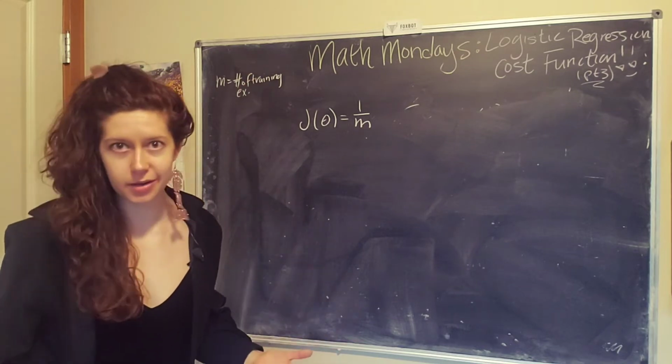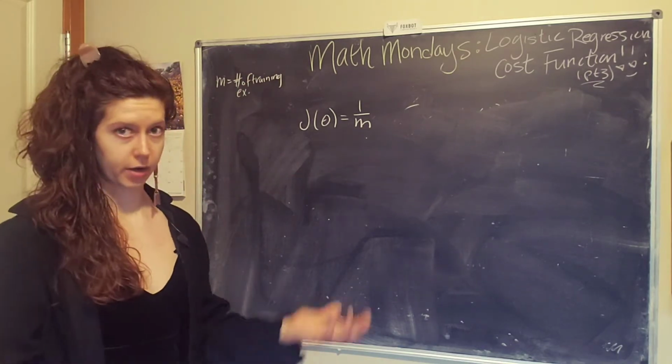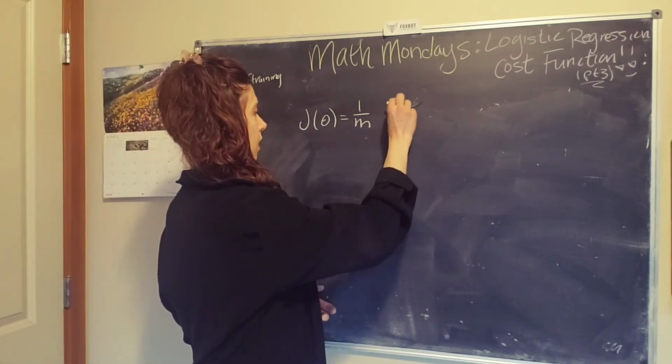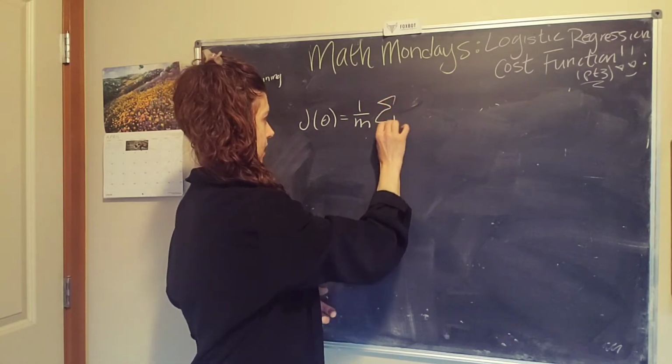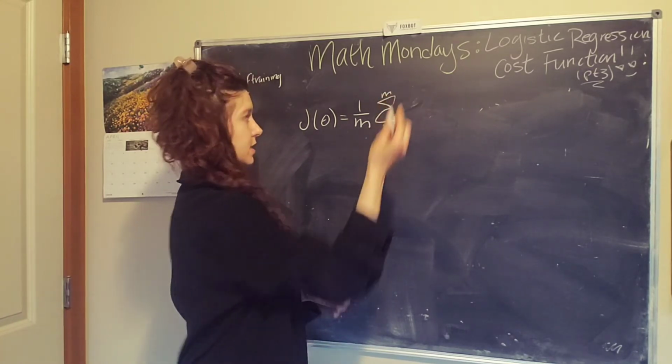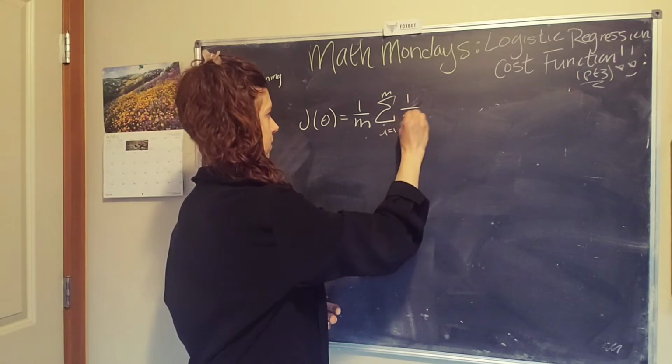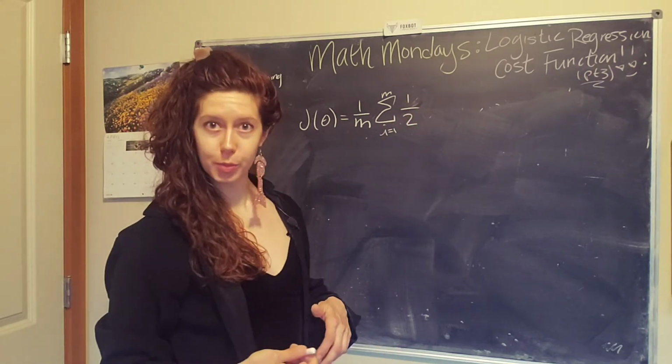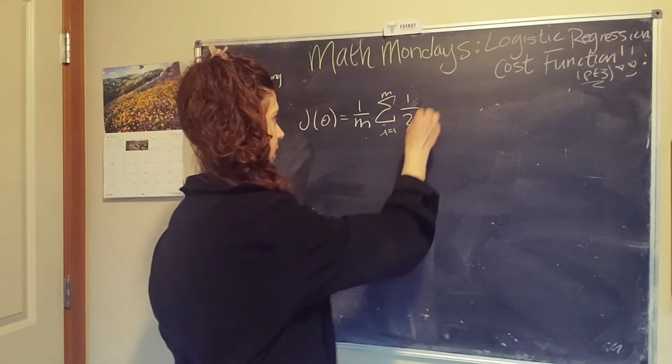Basically, how much data do we have that we're using to train our machine learning model. And it is the sum over all of this data, and we're going to take a 1/2 multiplication factor, like a fancy average kind of thing.